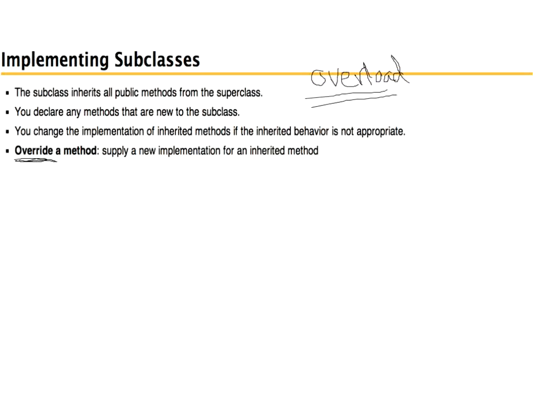Overload is when you have exactly the same method name in the same class, so one class has more than one method with the same name, but with different parameters.